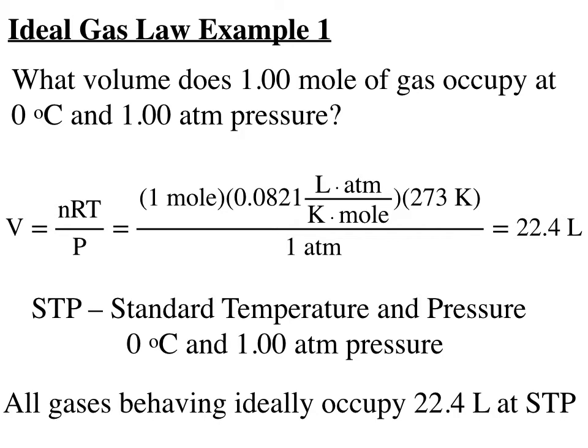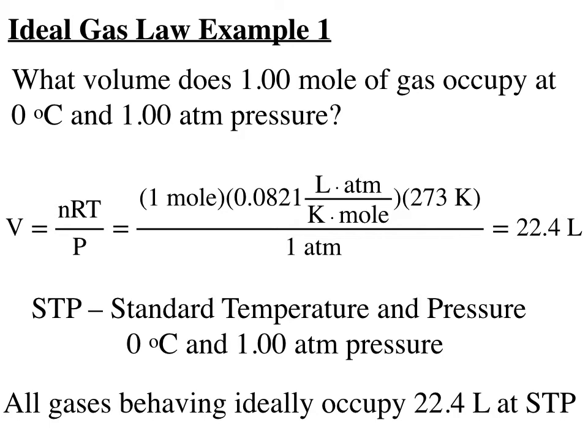So when I put the numbers together, I find the volume of 1 mole of gas at STP is 22.4 liters. Now, any gas behaving ideally at STP would occupy 22.4 liters. Now remember, a 2-liter Coke bottle, we all know what that looks like.